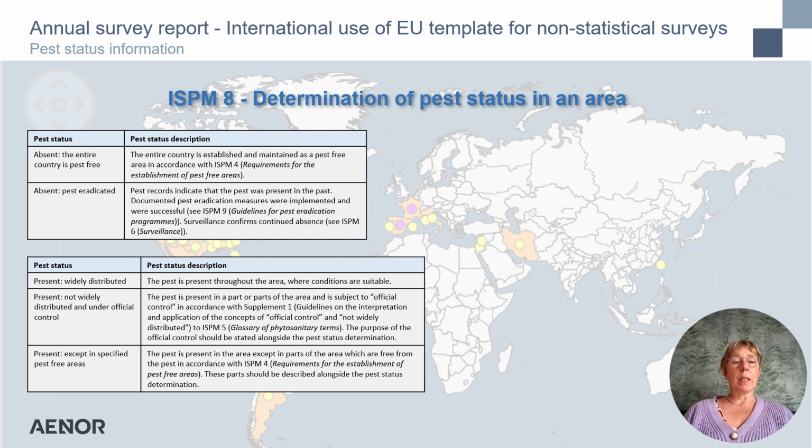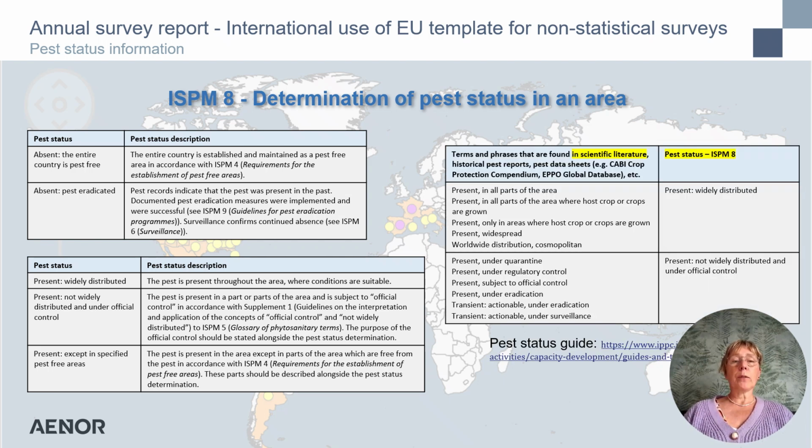The IPPC Pest Status Guide gives a table as a tool to interpret and evaluate information gathered from historical pest reports. The left-hand column lists terms and phrases that have been commonly used to describe pest prevalence and pest distribution in scientific literature, historical pest reports, pest data sheets, and other documents.